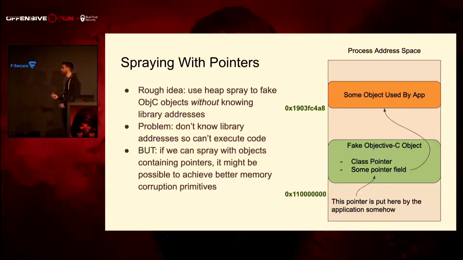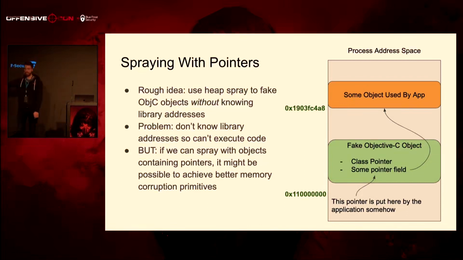The rough idea I had was to do a heap spray without knowing library addresses, but instead having the application itself put some pointers into the contents of the heap spray. Maybe it makes it more clear with this image.